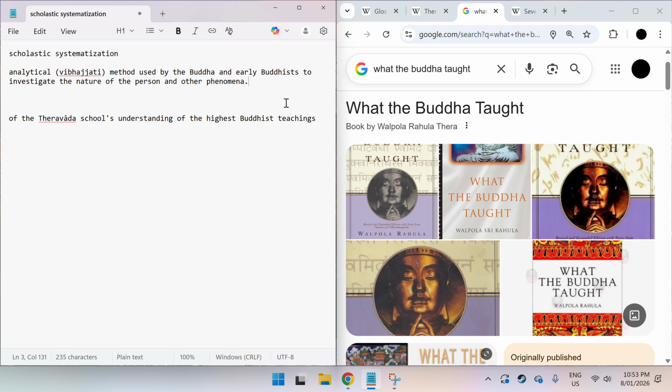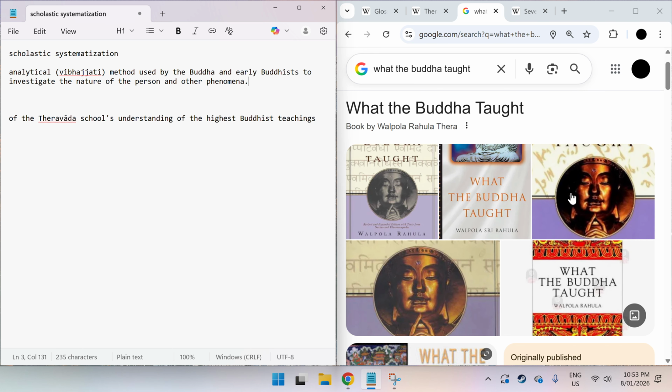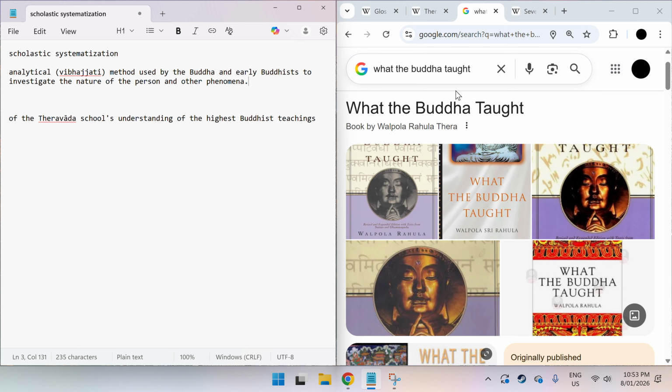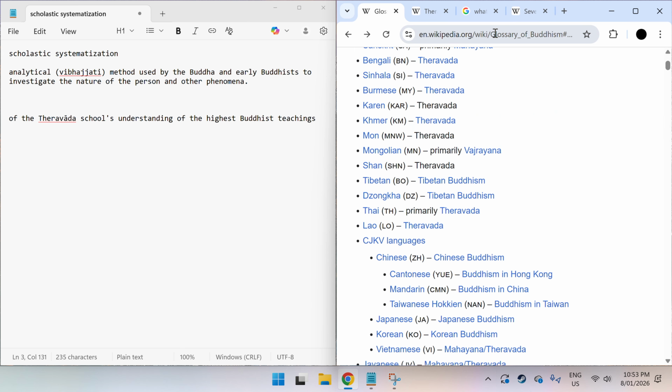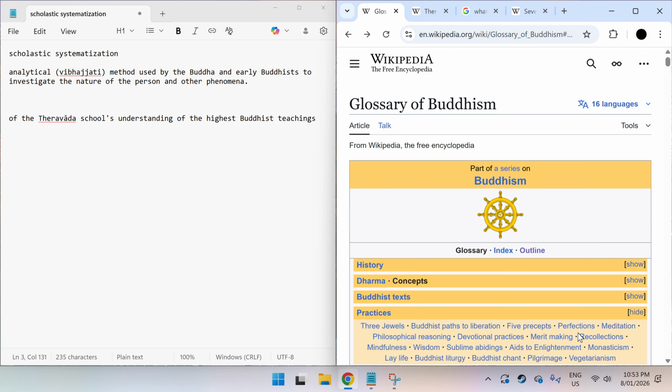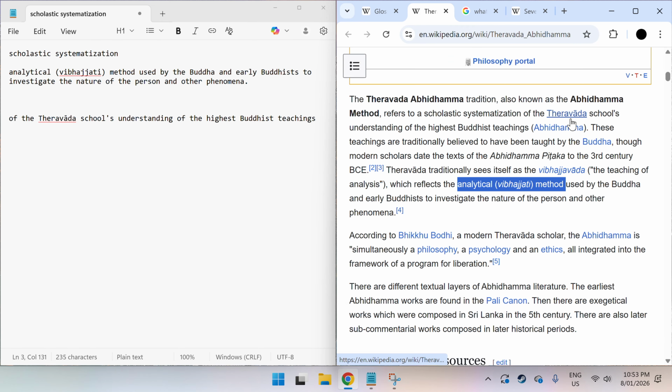But with Theravāda, it's not just about the practice, it's also about the preservation of all of these. So we're going back here, we're looking at the Glossary of Buddhism, the Abhidhamma.